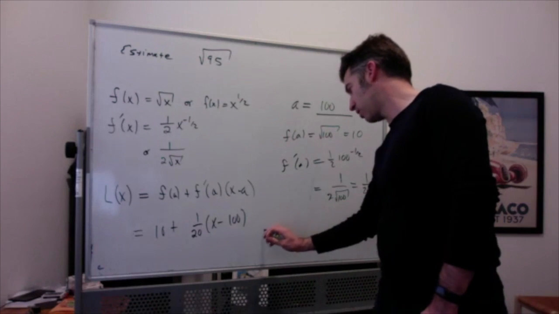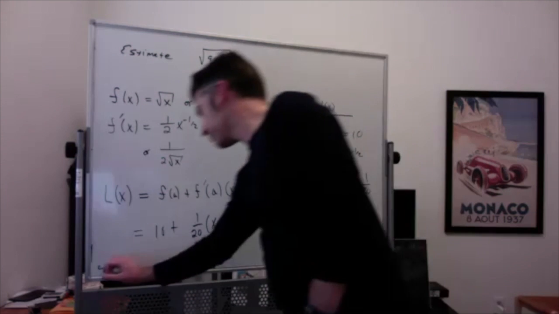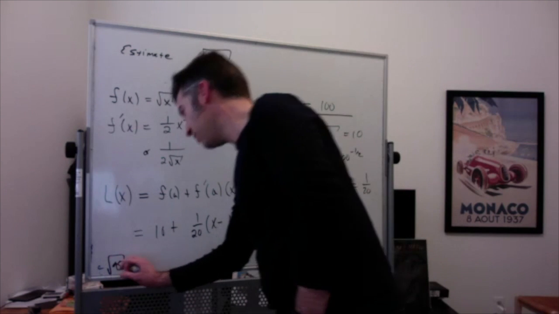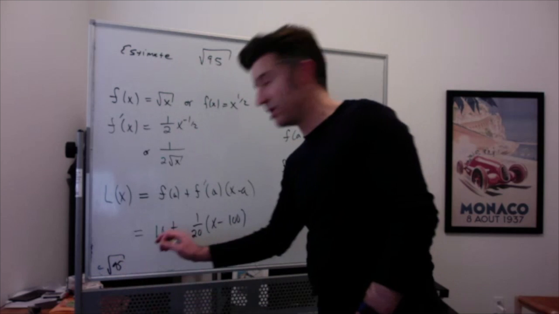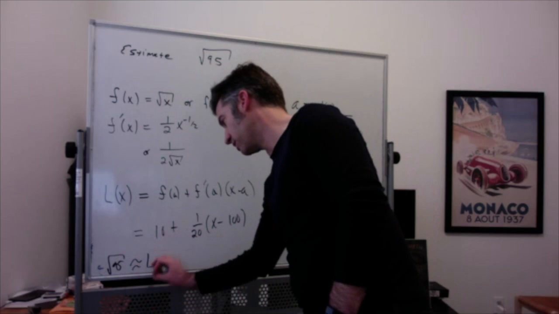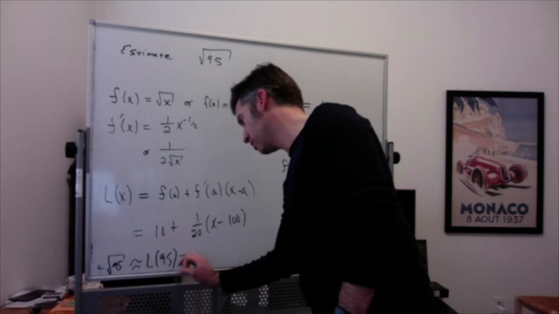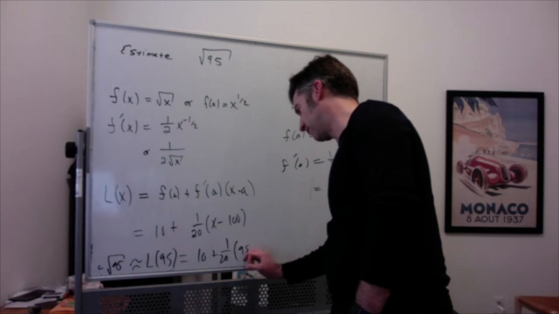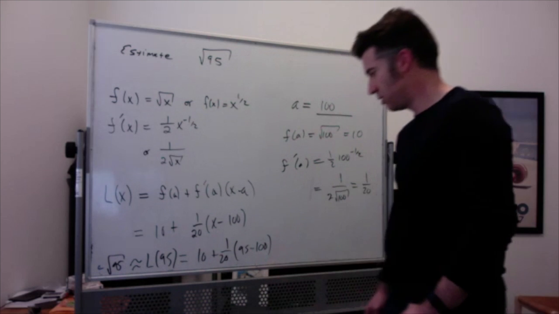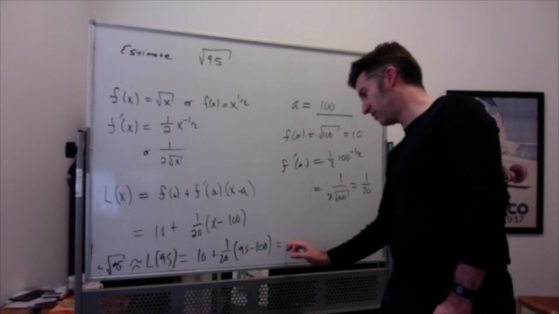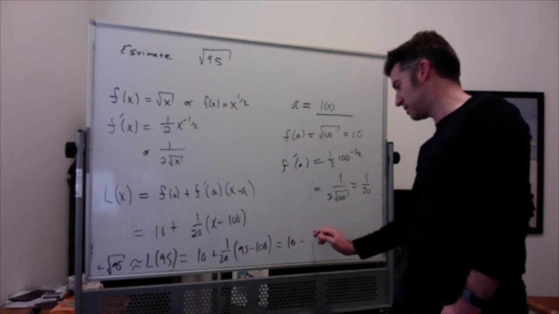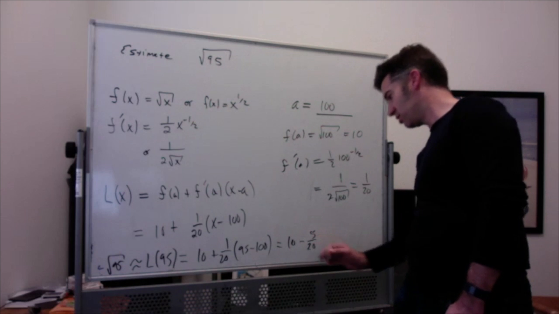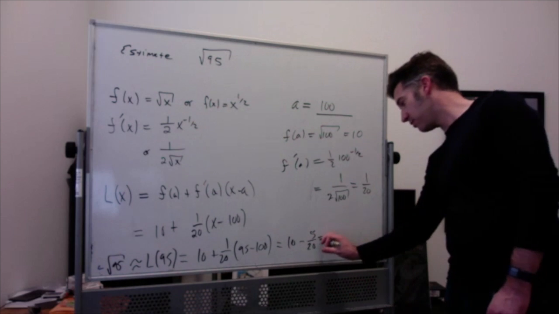I get that the square root of 95, and I really like to write that the square root of whatever is approximately equal to the linearization at that value. It's going to be 10 plus 1/20 times 95 minus 100. 95 minus 100 is negative 5, so it's 10 minus 5/20, which is 10 minus 1/4.